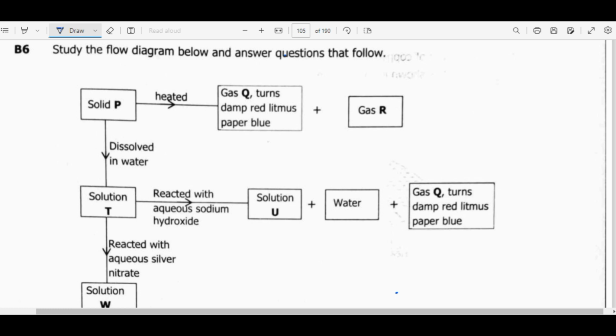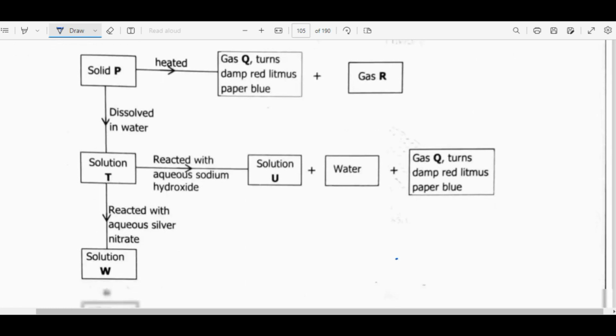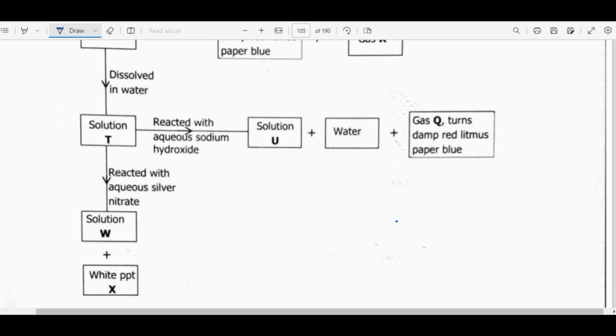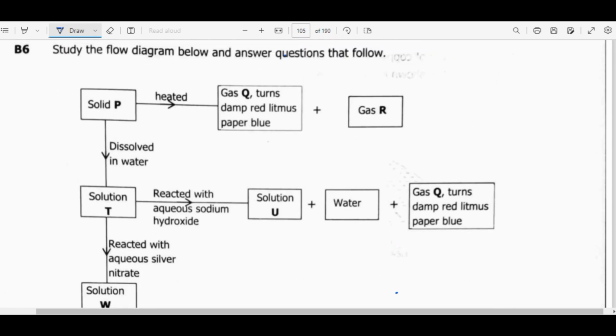The first part is we have this solid P, then heated to form gas Q and R, which dissolves in water, forms solution T, reacted with aqueous sodium hydroxide, gives a solution U plus water and gas Q. Then if reacted with aqueous silver nitrate, we get solution W and white precipitate, right? So at least we have the key point.